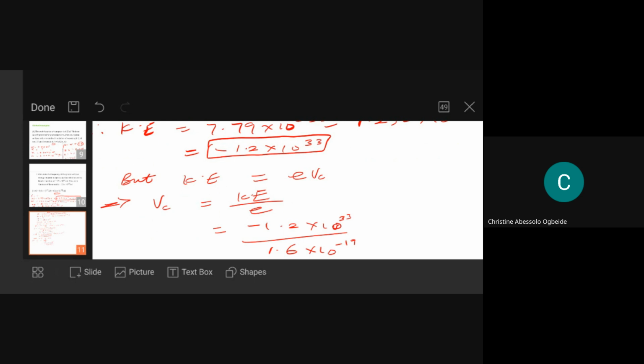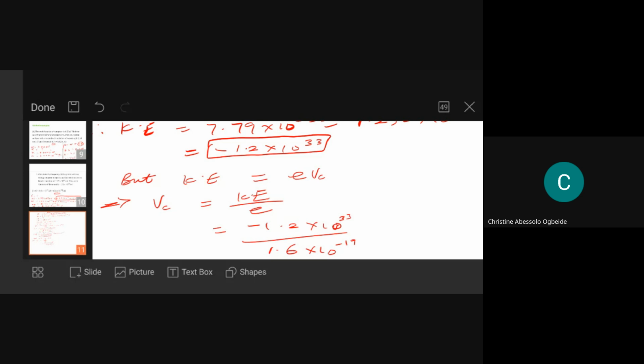So assuming this value for the kinetic energy is correct, once we divide the kinetic energy by the charge of the electron, that gives us the what? The cutoff potential. That is the potential that is needed for that ejection to occur. Remember, kinetic energy is the energy with which the electron moves.